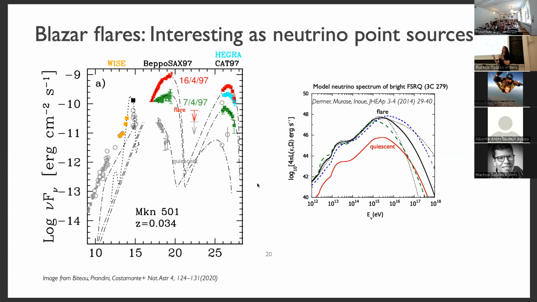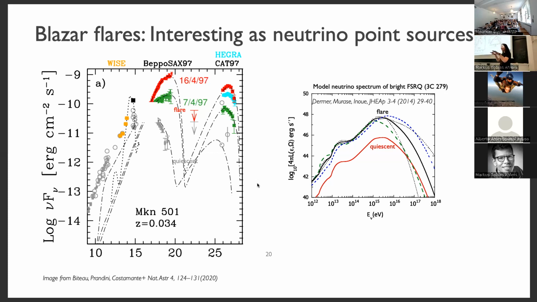So I just told you that blazars are not producing the bulk of the IceCube neutrinos. Now I want to tell you that still during a flare, this is a flaring blazar, and it was gray before it flared. And during this flare, it changed its flux by a factor of almost 100.